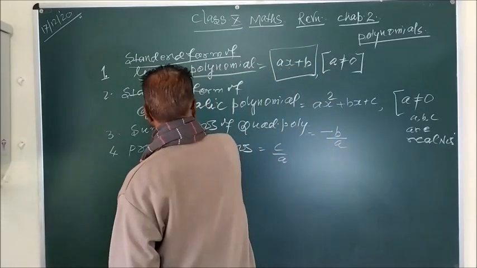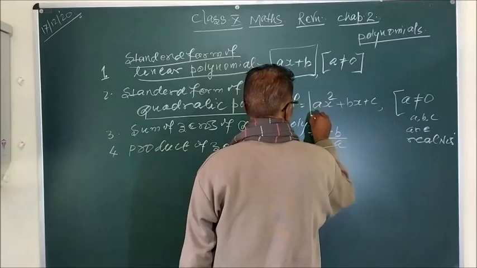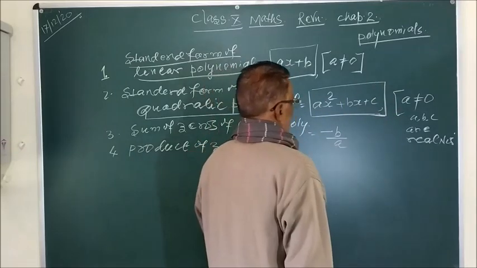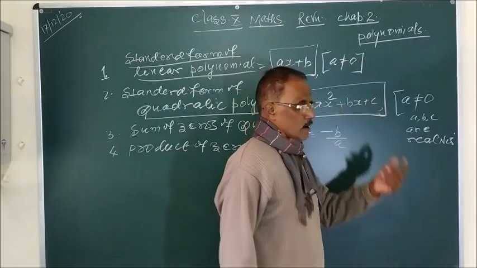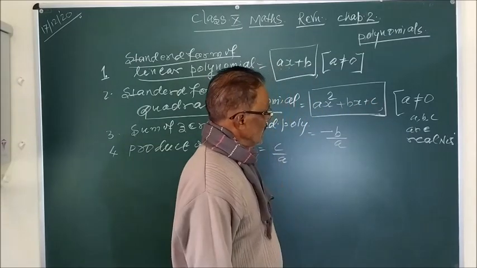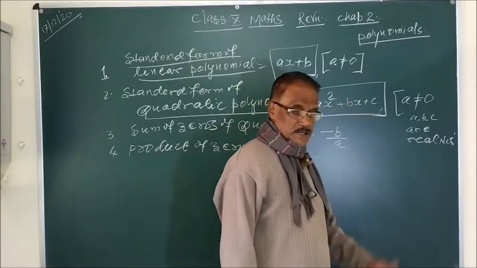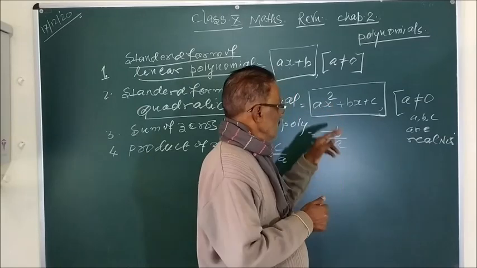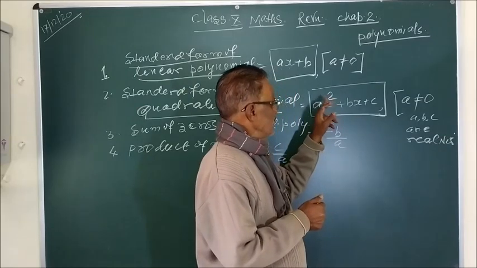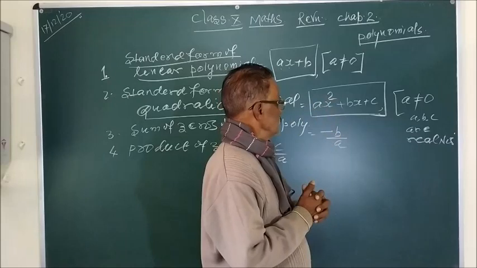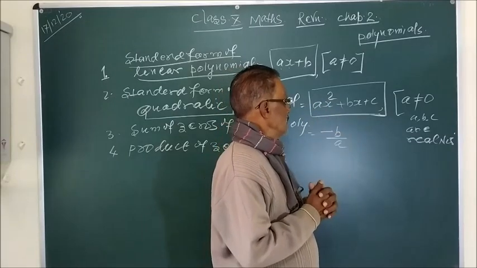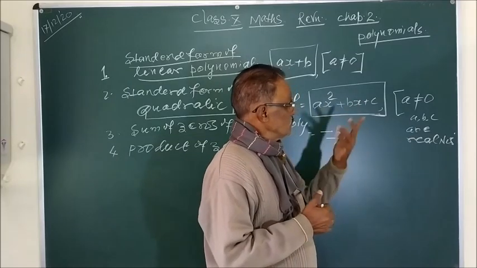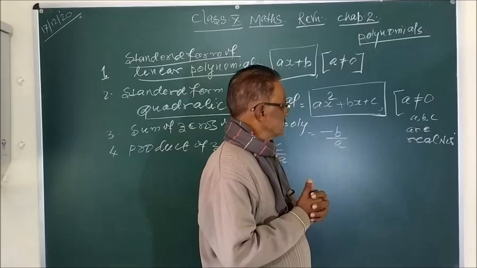Quadratic polynomial, standard form ax squared plus bx plus c. Here a, b and c are real numbers and x is the variable. Here you see the power of the variable in the first term is 2, the power of the variable x in the second term is 1, and there is no x in the last, third term.